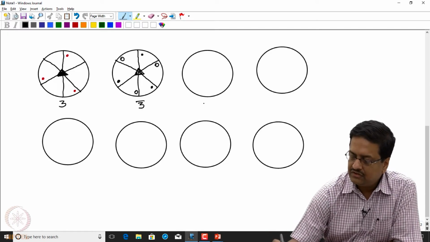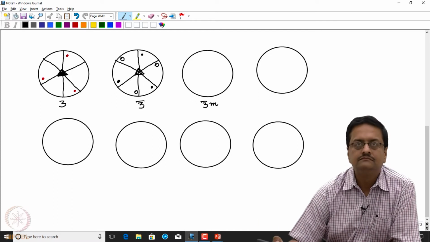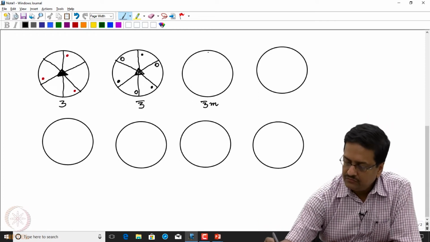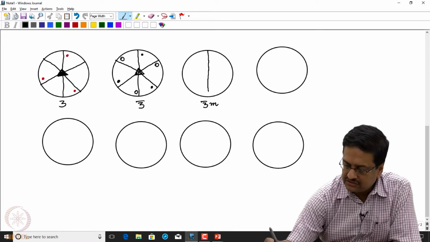What happens when we draw 3 bar M? We can straight away draw the 3 bar first.